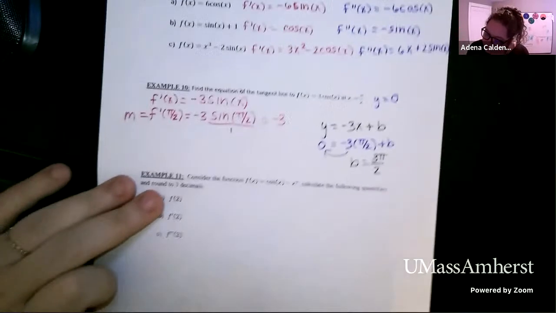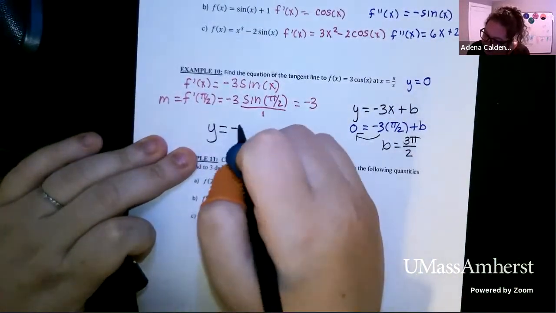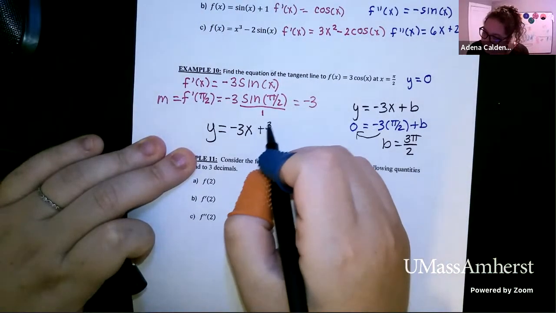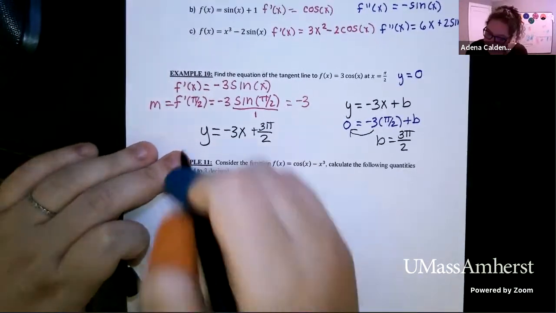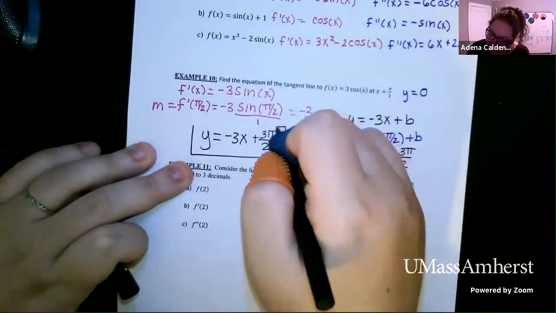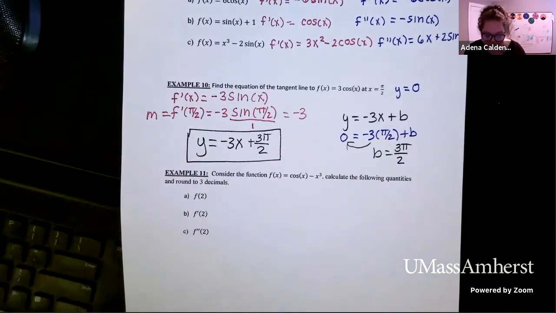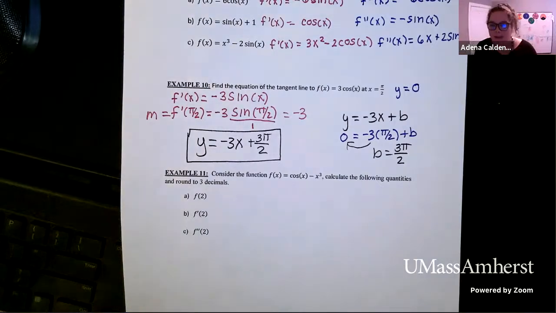So now putting this all together, I get y equals negative 3x plus 3 pi over 2. This is the equation of the tangent line for this particular problem, okay? So again, do not turn your pi's into decimals, leave them as pi's.